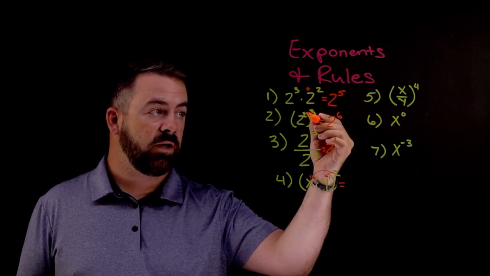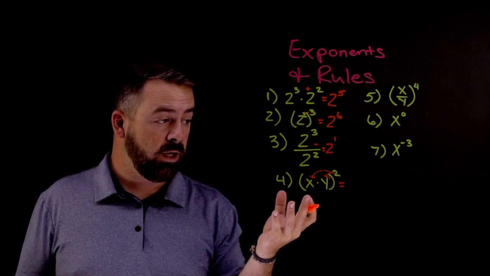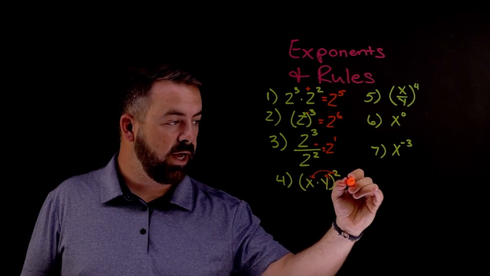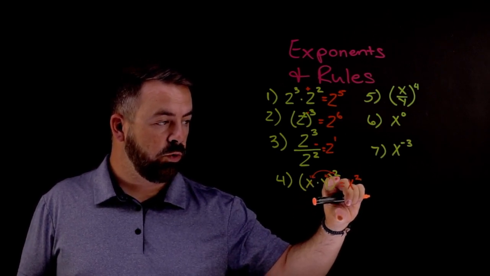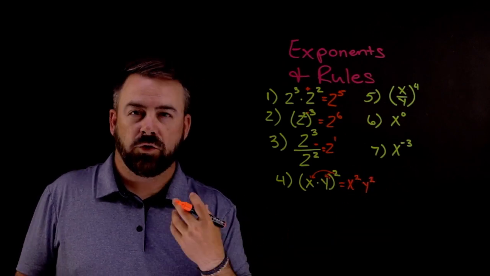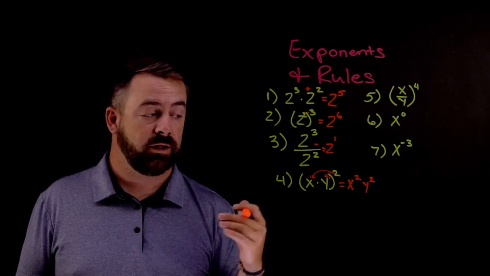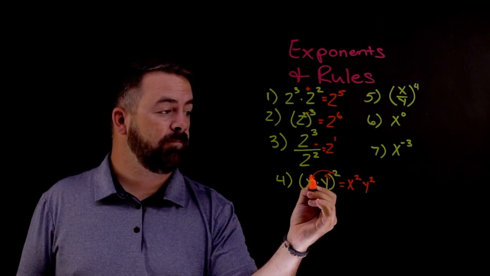And then up here we said to multiply those powers. So really what I'm doing is I'm taking 2 times this invisible 1, x squared. Same thing here, 2 times this invisible 1, y squared. So it feels like a distributive step when it comes to our exponents. 2 multiplied into this invisible 1.